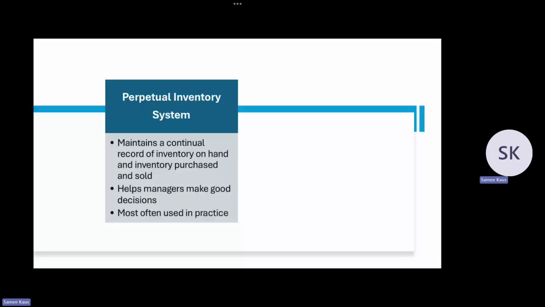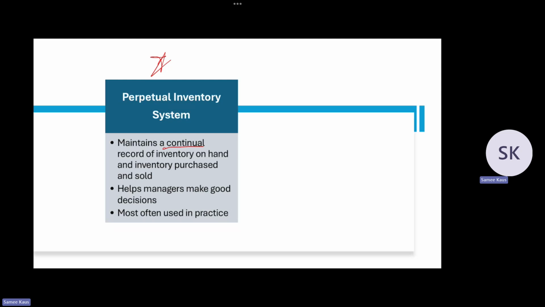So now we've determined how we can calculate cost of goods sold. We now need to record that to get it into our accounting system. So we have a couple of different systems that we can use. A lot of companies will use a perpetual inventory system, and this is when a continual record of inventory on hand gets booked.